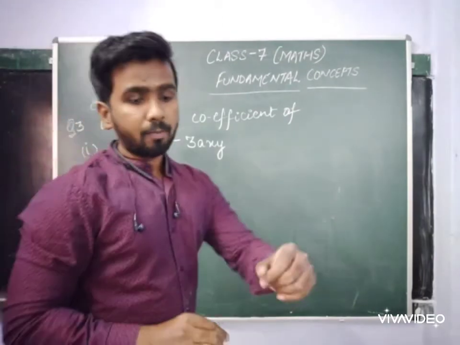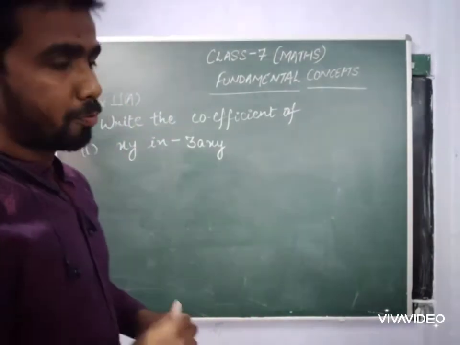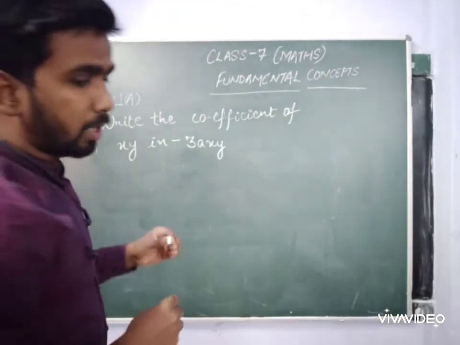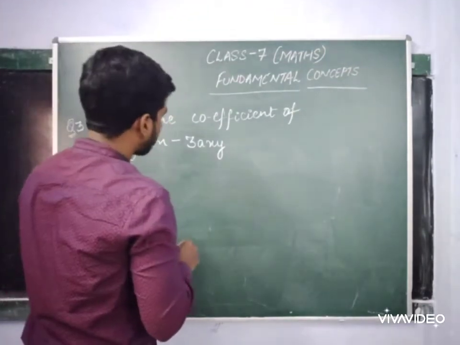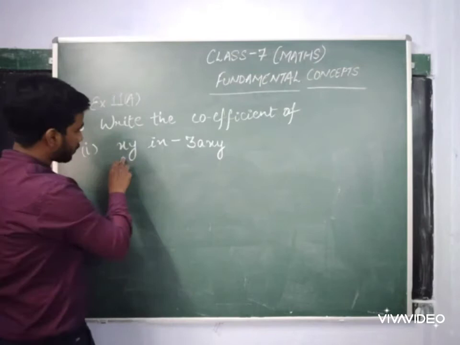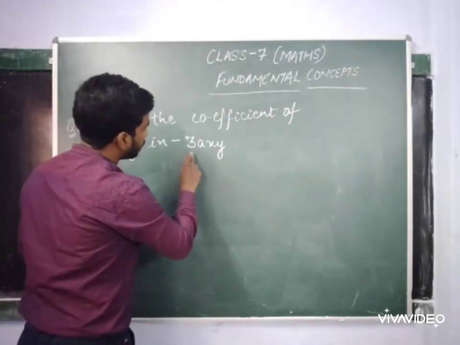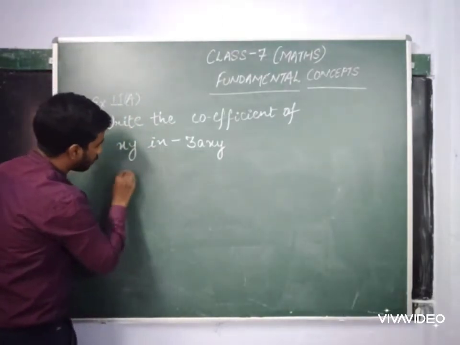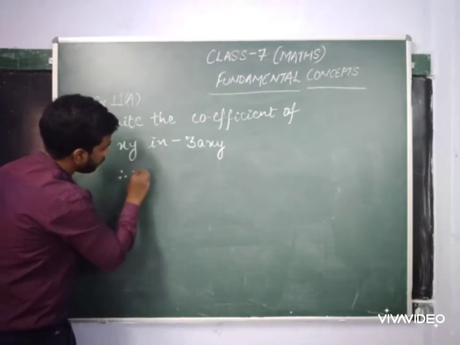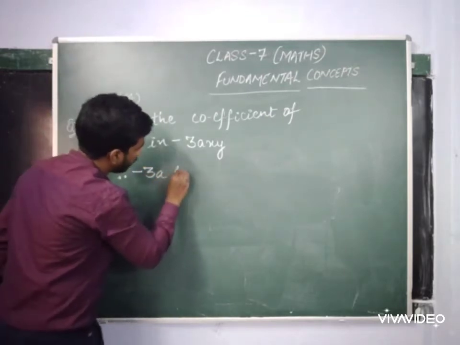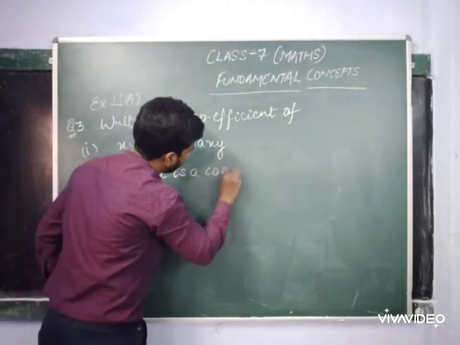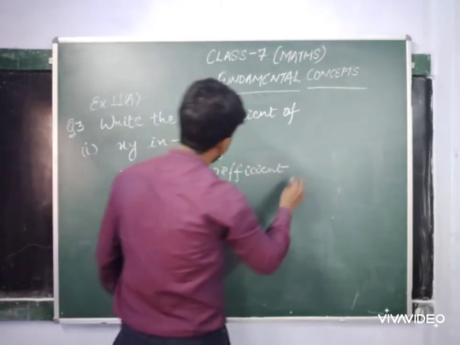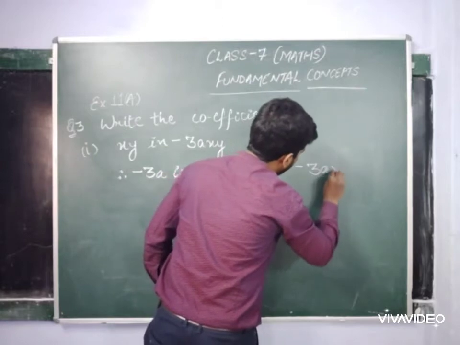I have already told you what a coefficient is. In a monomial, the factor or a group of factors in a term is called the coefficient. So we have to write the coefficient of xy. So what is the factor here? Minus 3a is the factor, so with a statement, therefore minus 3a is the coefficient of xy in minus 3axy.